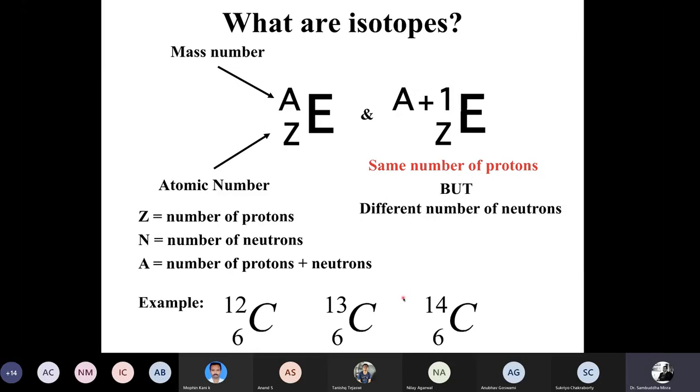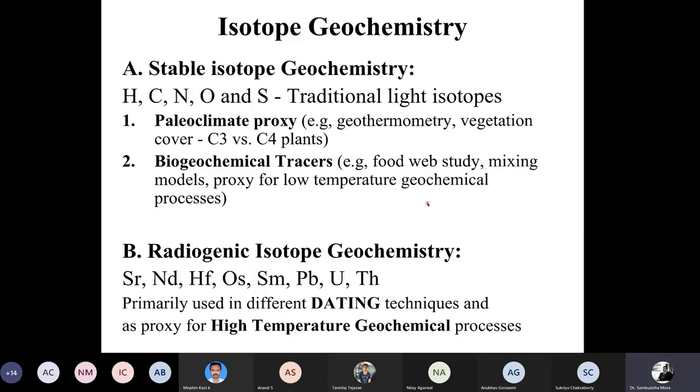If you're observing a process which is happening over thousands of years, 14C is not going to behave the way a stable isotope should behave, because its composition is going to be a function of both isotopic fractionation and radioactive decay. And the question becomes, why do we bother ourselves with stable isotope geochemistry? Firstly, it can be utilized as a climate proxy, and then it is also a biogeochemical tracer.